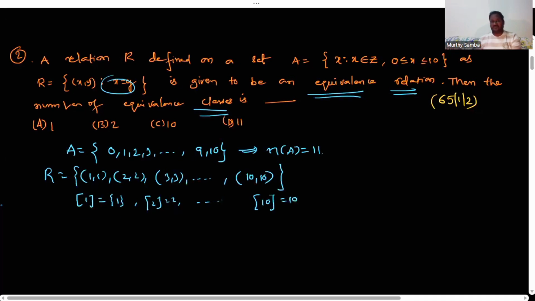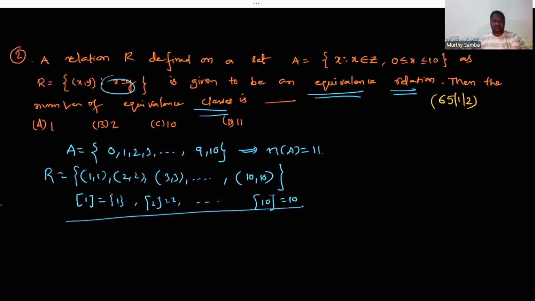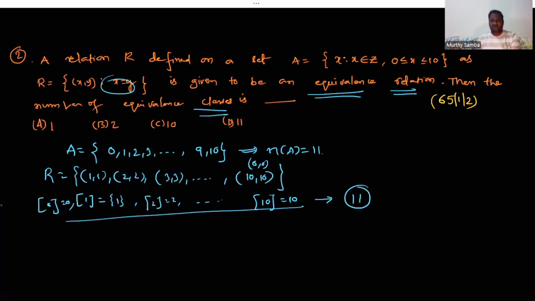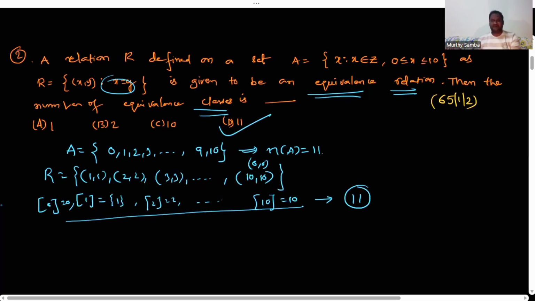Here one more element is there, (0, 0) also. It means the equivalence class of 0 is equal to 0. From 0 to 10, how many classes are there? Totally 11 classes. Therefore, the total number of equivalence classes is equal to 11, right? So that is about the second problem.